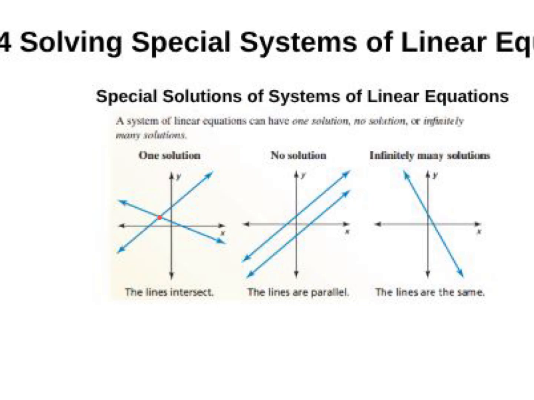A system can also have no solution. No solution is when the lines are parallel, meaning they never intersect. A system can also end up being completely the same line, which means they have infinitely many solutions because the lines match up completely.